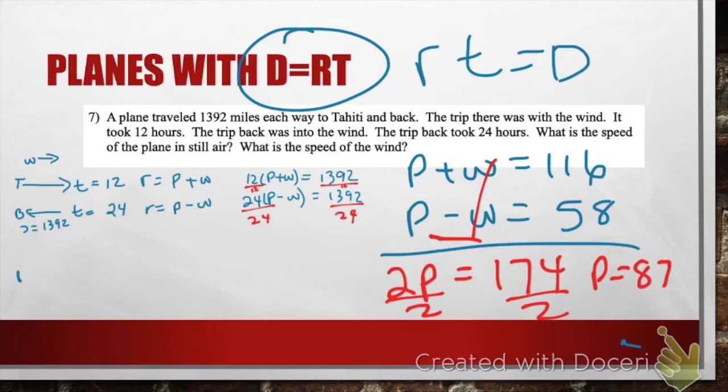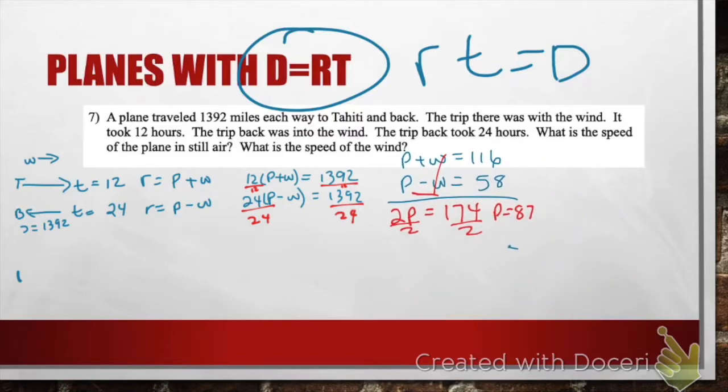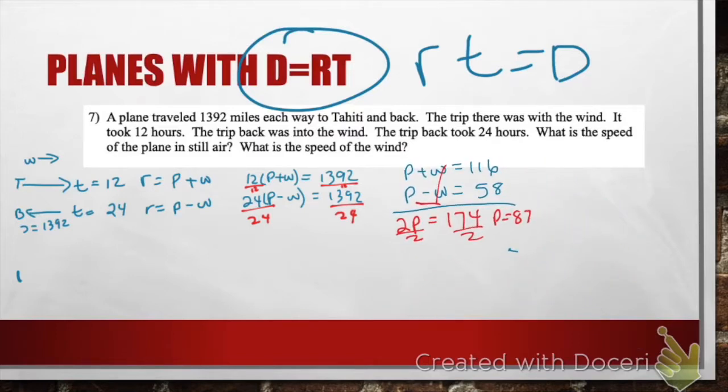We have to plug that 87 back in. I'd like to suggest that we put it in the top one. So we have P, which is 87, plus W equals 116. Subtract it to the other side, and we'll get W equals 29.